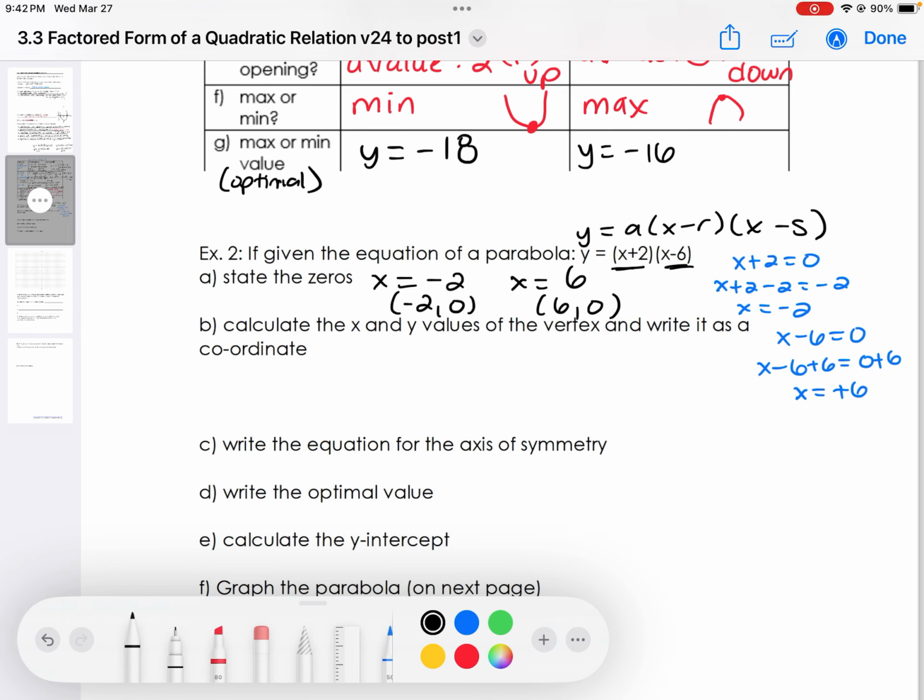Okay? So we're going to calculate the x and y values of the vertex and write it as a coordinate. So the x value, we add the zeros and divide by 2.